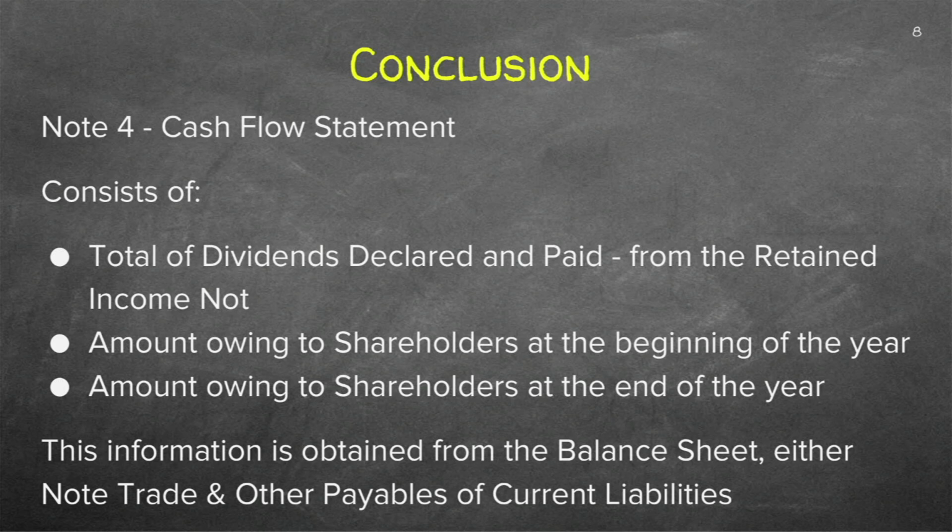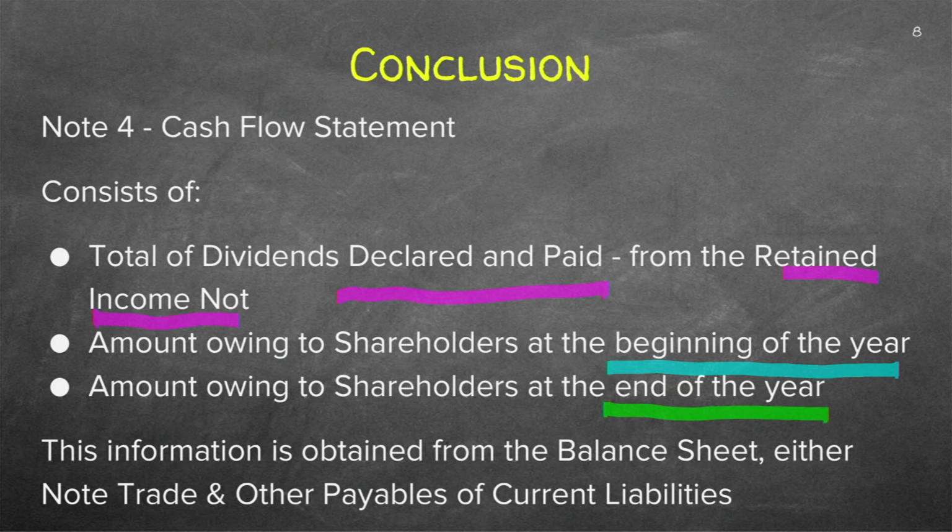Conclusion. Note number 3, cash flow statement, consists of total dividends declared and paid, which we got from our retained income note. We then have our amount owing to shareholders at the beginning of the year, and we have our amount owing to shareholders at the end of the year.